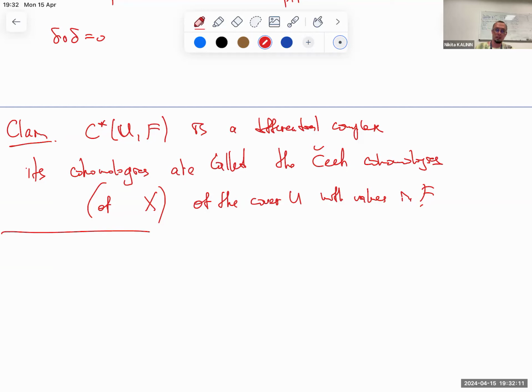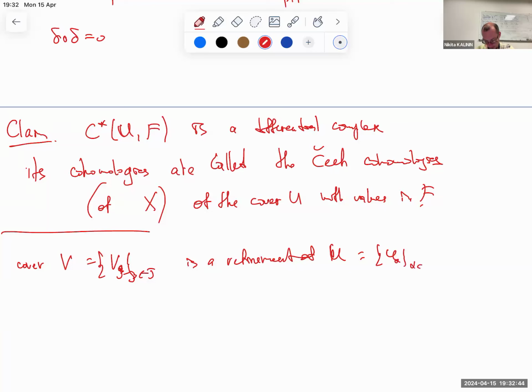Okay, so we have a cover U and a cover V. The cover V will be the cover of V alpha, V beta, where beta is from a certain set of indices J. It's called a refinement of U, where U has U alpha with alpha from I. Refinement means that every subset of V is inside a bigger one.